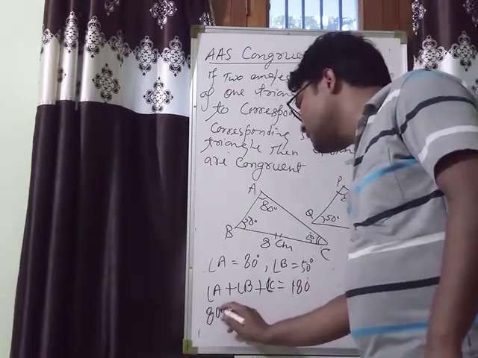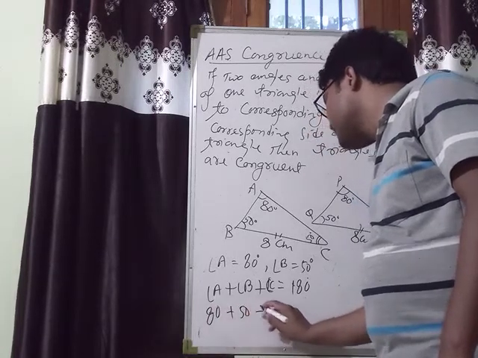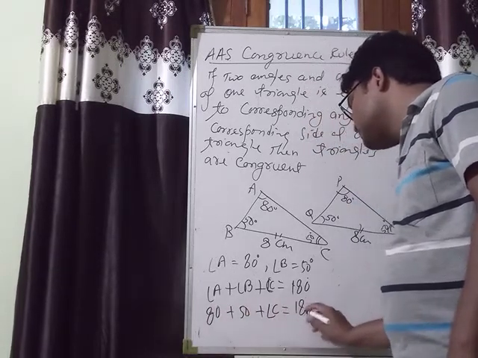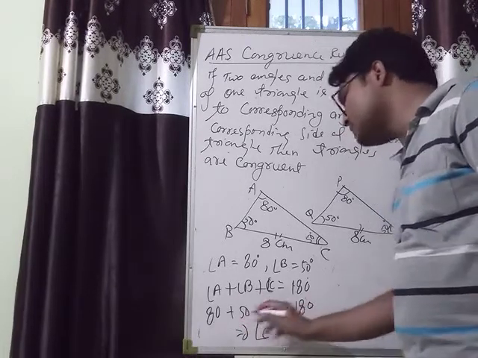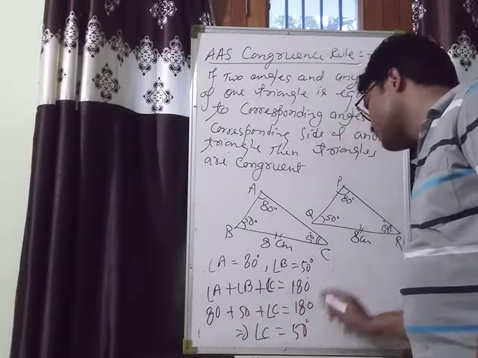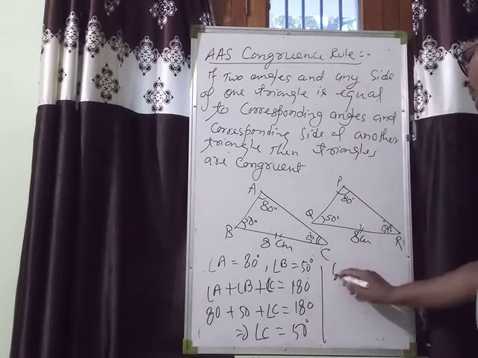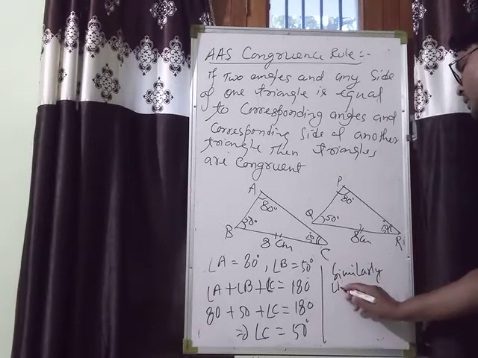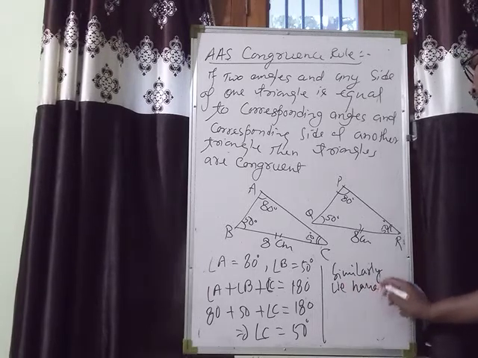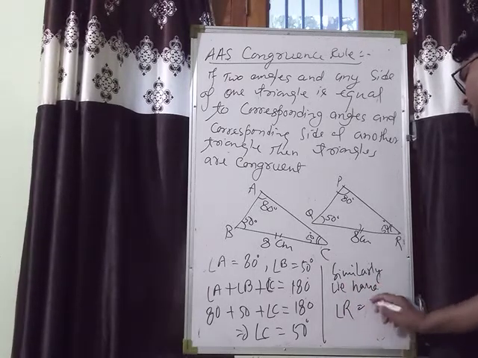This is 80 plus 50 plus angle C equal to 180. From here, angle C is 180 minus the sum of these two, that is 50. Similarly, we have angle R is equal to 50 degree.